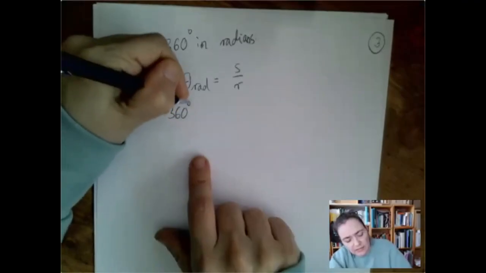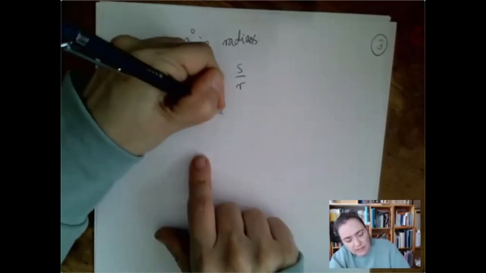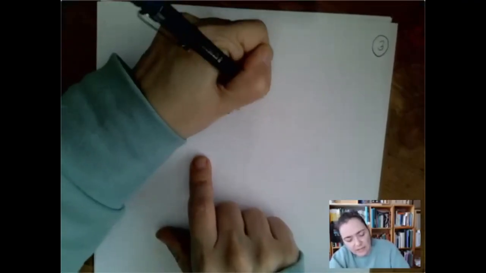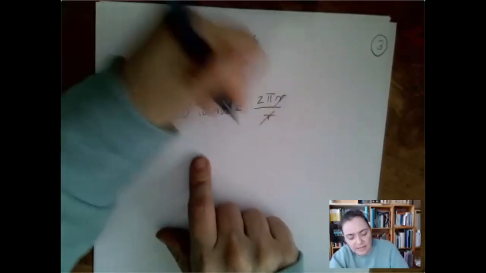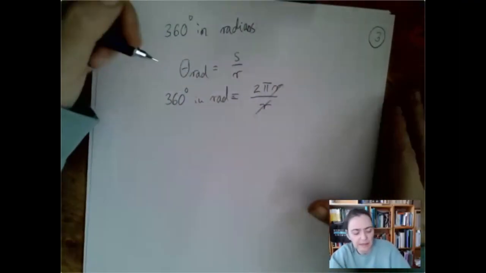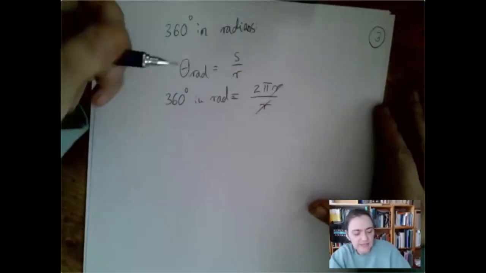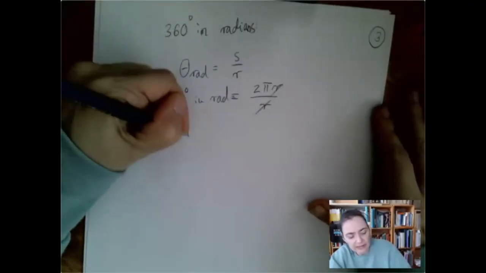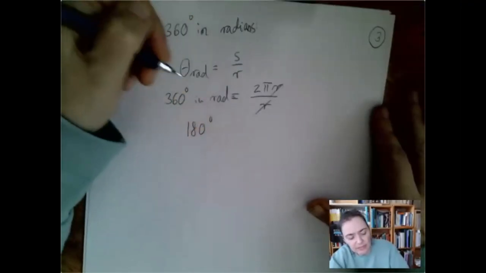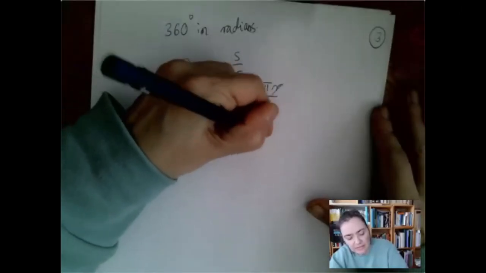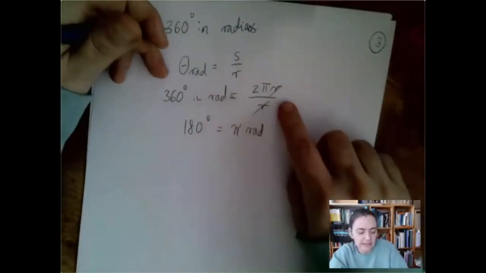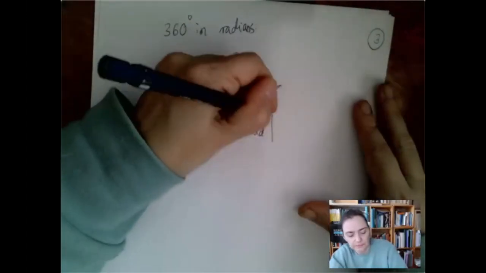So 360 degrees in radians is 2 pi r divided by r, where r cancels out, and we get 2 pi. And what I like to do is divide both sides by 2, and then this is the thing to be memorized: 180 degrees equals pi radians, right? We just get rid of the 2.